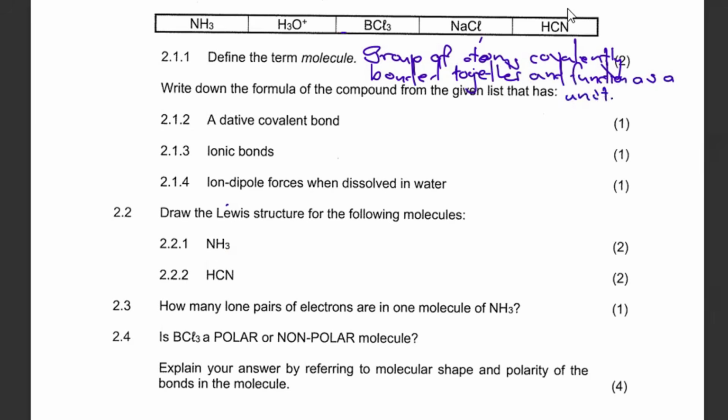That's the definition that you're going to have there. It says a group of atoms covalently bonded together and function as a unit. That's how we define a molecule, right?